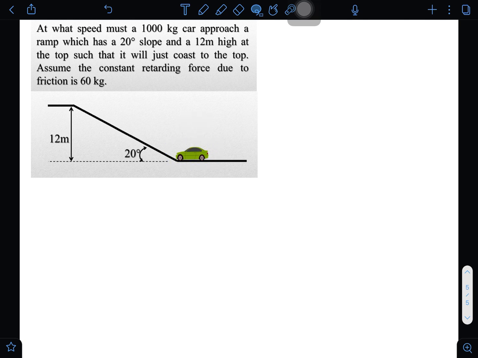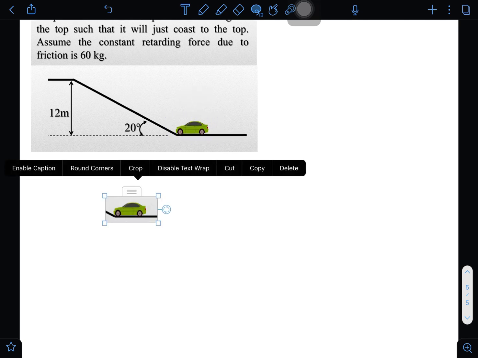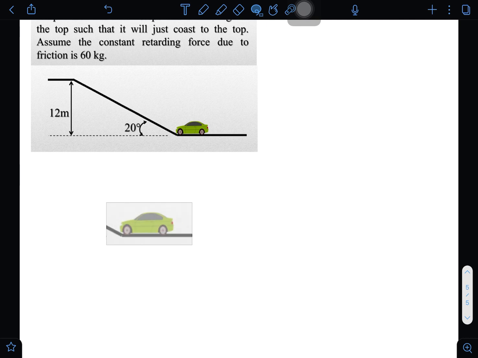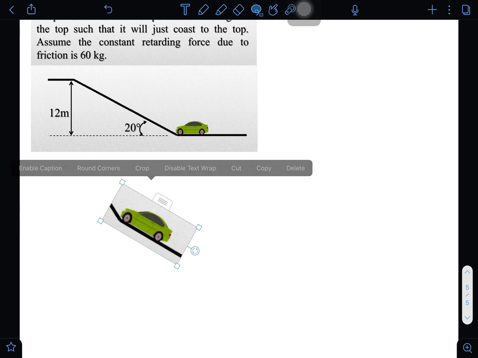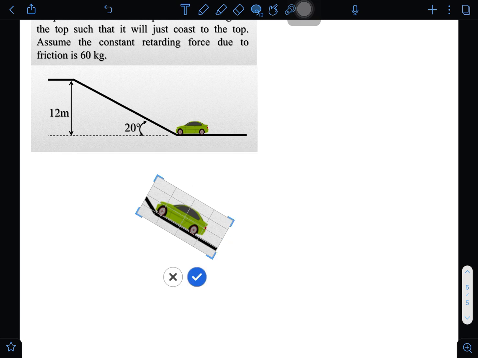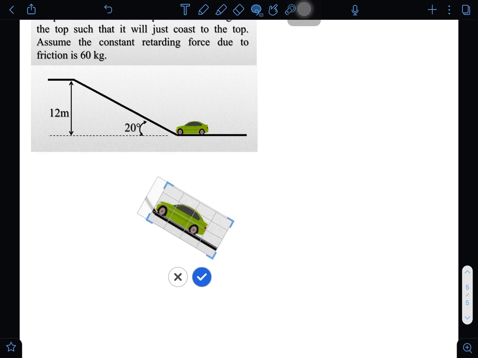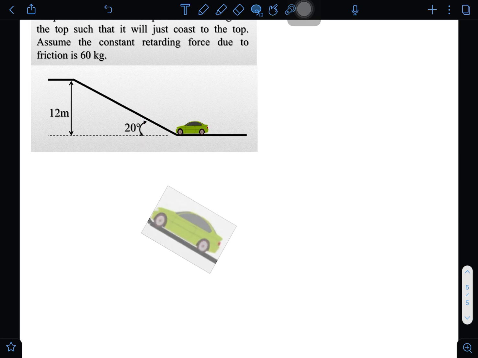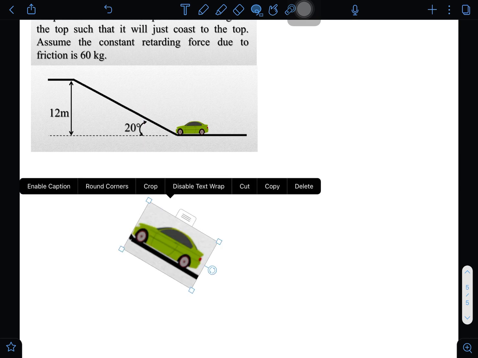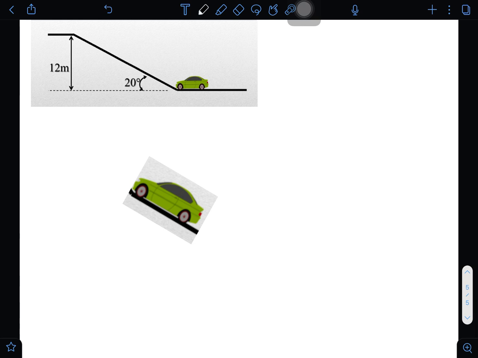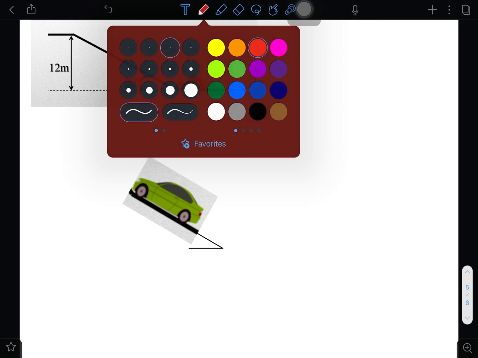So we're gonna copy that, and it's going to approach that incline. I'm gonna crop this out. Okay, so this angle here of inclination with respect to the horizontal is 20 degrees.